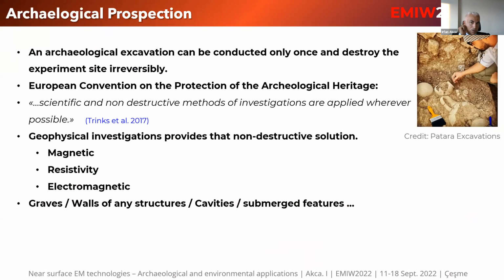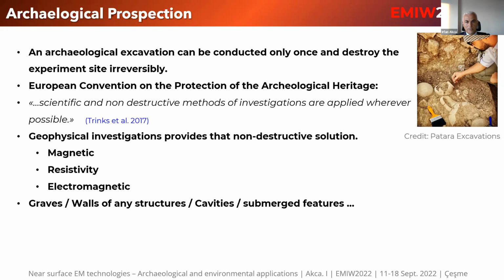I want to just introduce what's archaeological prospection and what's the place of geophysics in the archaeological prospection. An archaeological excavation can be conducted only once, and it destroys the place the archaeologists study irreversibly. You cannot make an excavation twice, or you cannot make it back, turn it to the original state.